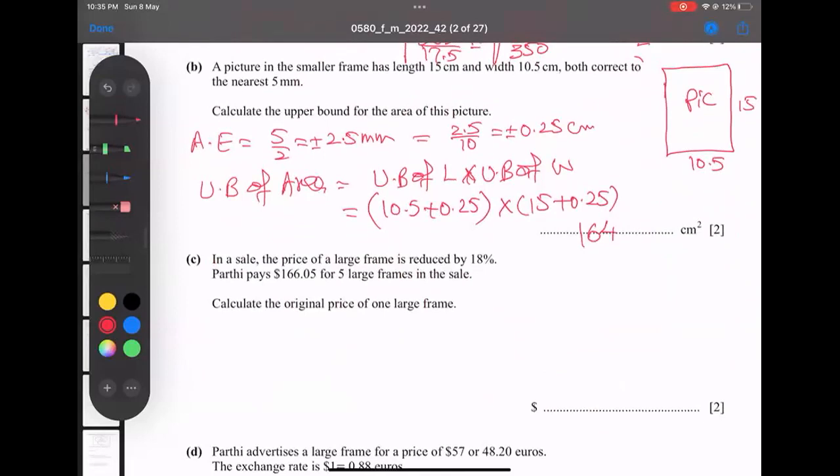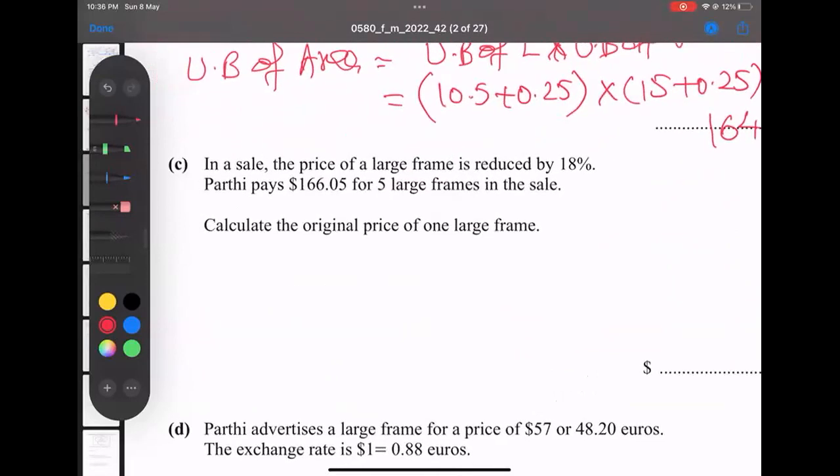Now part C. In the sale, the price of the large frame is reduced by 18%, and you pay this much for 5 large frames. No problem, but make sure it is 5 large frames, not 1.